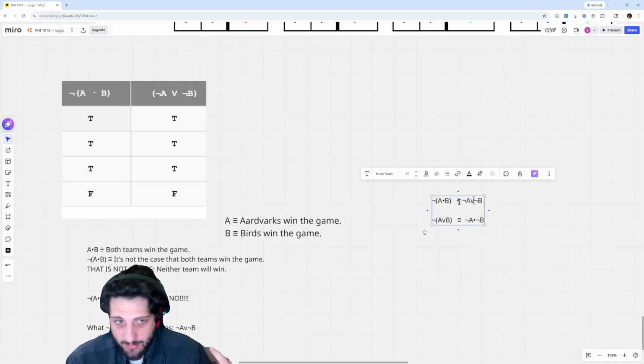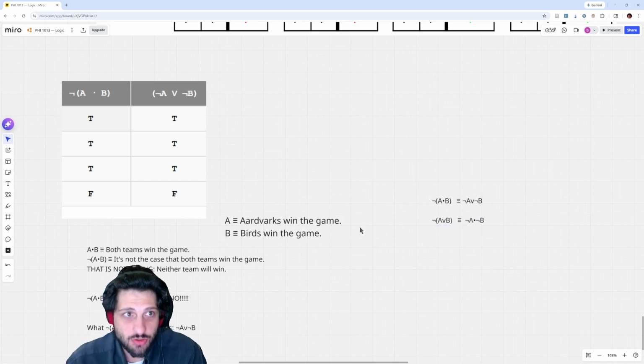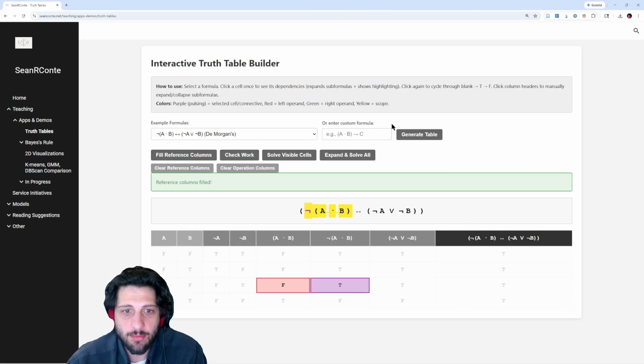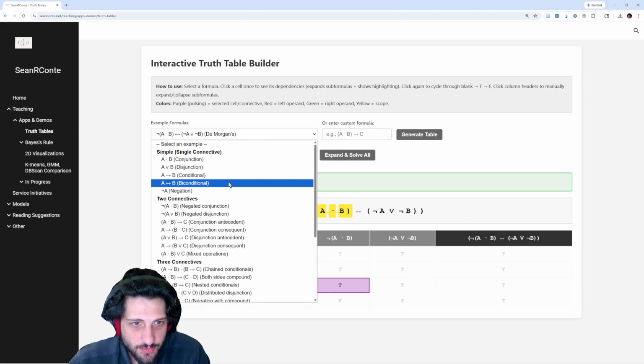The idea is we just want to verify when it is that not (A or B) is true, and when it is that not A and not B is true. So let's jump over to our truth tables, and we'll do exactly those.